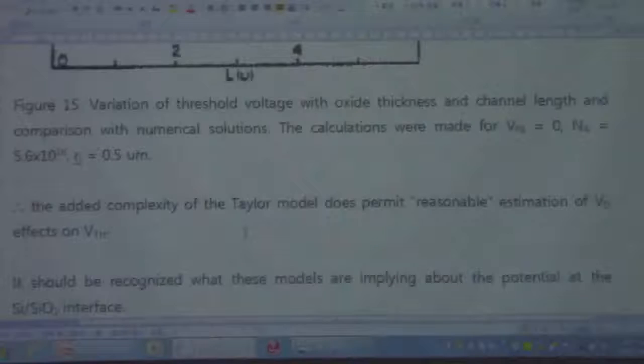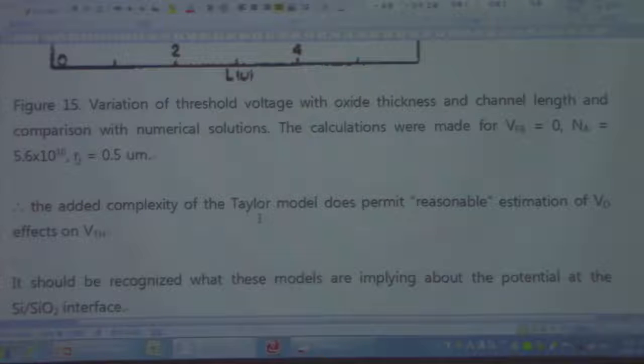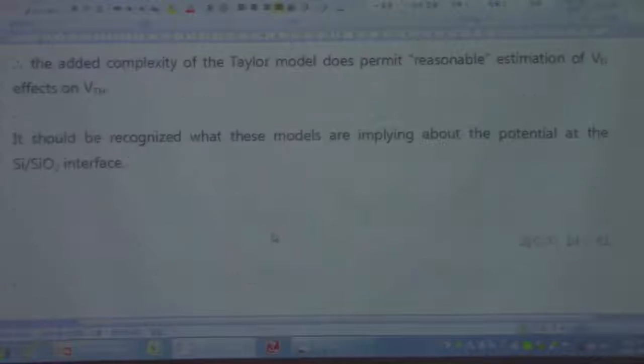we have seen that in classical threshold voltages there are no terms like length and width in determining the threshold voltage, but we have discussed the threshold voltage with incorporation of the length and width.